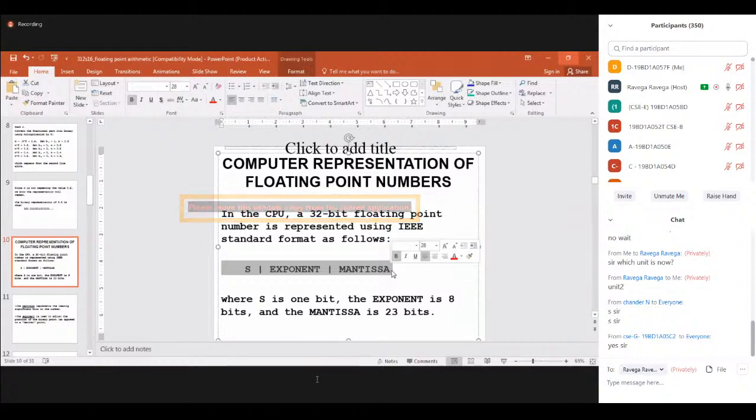Now, what is IEEE format? Can anyone tell me? It is very important for computer science students to know what IEEE is. Can anybody answer me? What is the full form of IEEE?